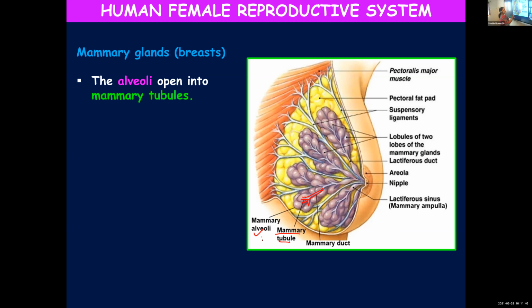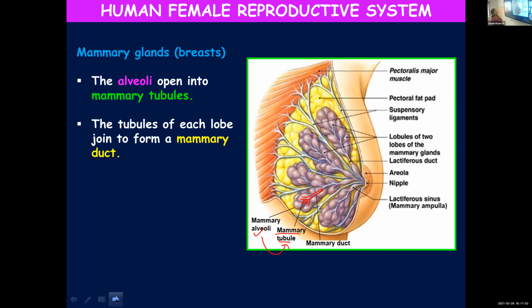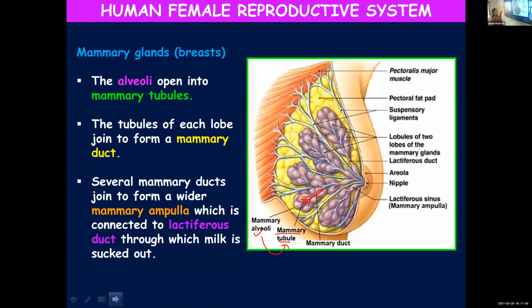Mammary alveoli open into small tubules. And the tubules of each lobe will join together and form a mammary duct. Alveoli, tubule, duct. Several mammary ducts will join together and form a wider region known as the mammary ampulla. And this mammary ampulla is connected to the lactiferous duct from where the milk will be sucked out.